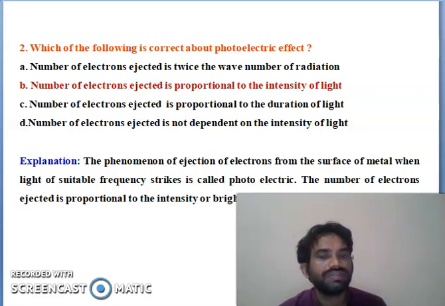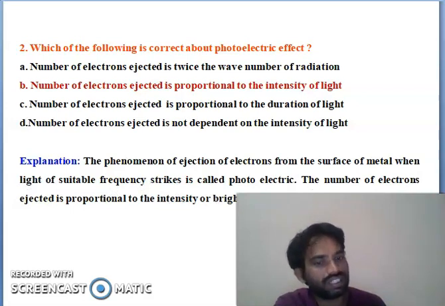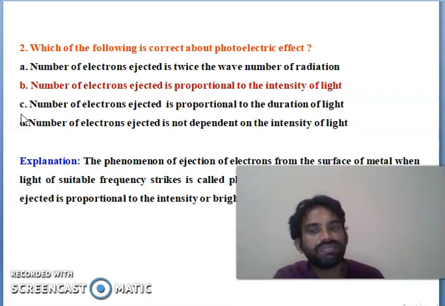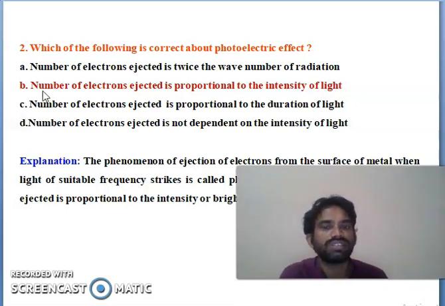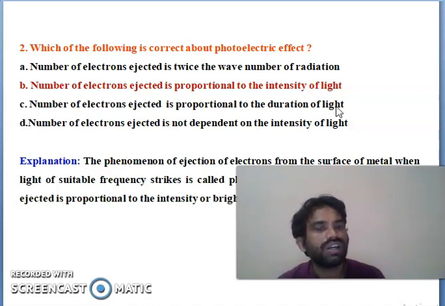You can see the explanation of the phenomenon: the ejection of electrons from the surface of a metal when light of suitable frequency strikes it is called the photoelectric effect. The number of electrons ejected is proportional to the intensity or brightness of light. So the answer is B, the correct answer.